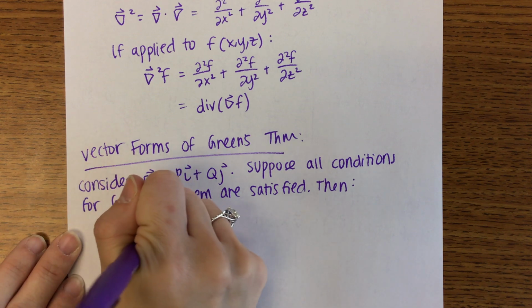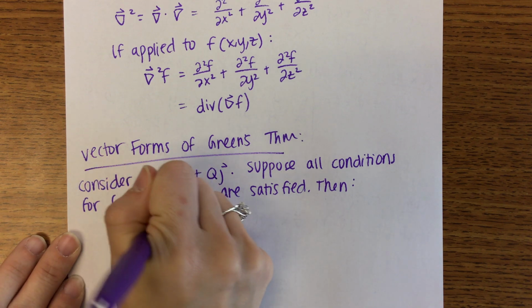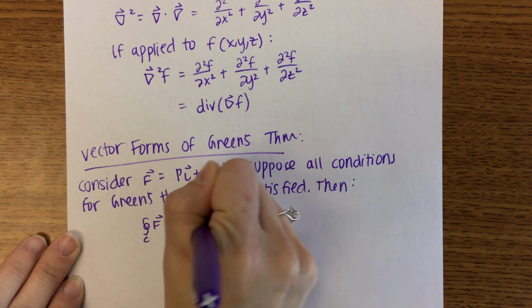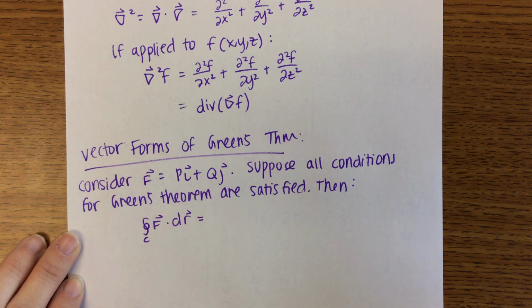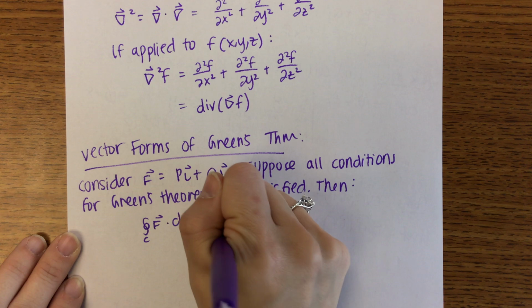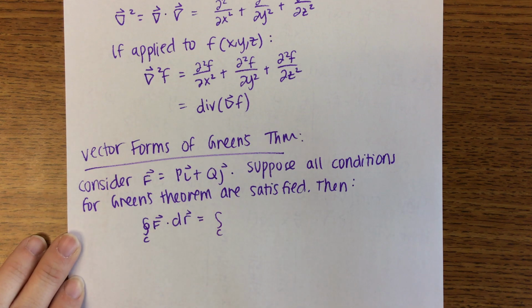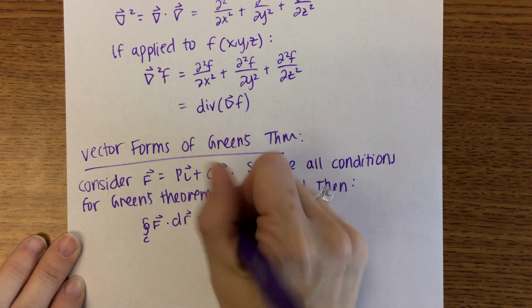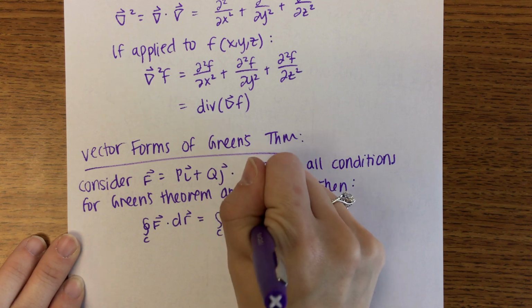If we had a closed curve C of f dot dr, another way to write that was the line integral over the curve C of P dx plus Q dy.